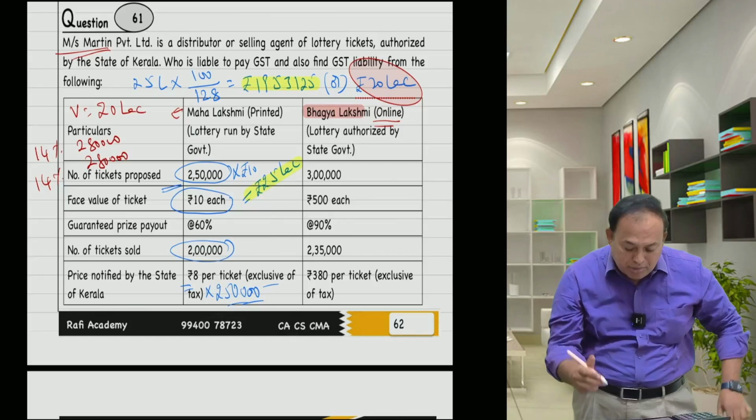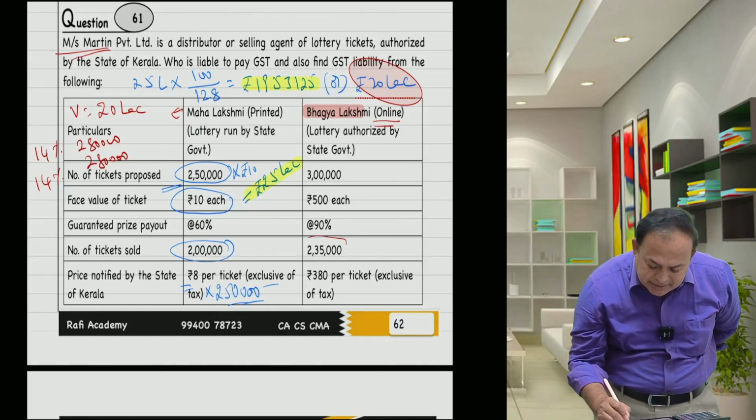In that case, number of tickets sold is the base.